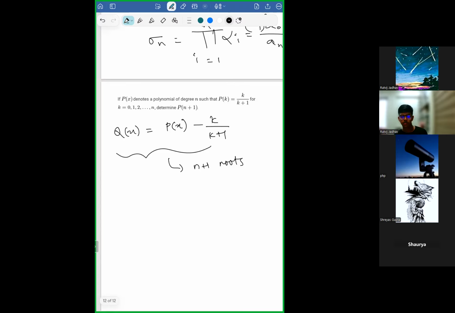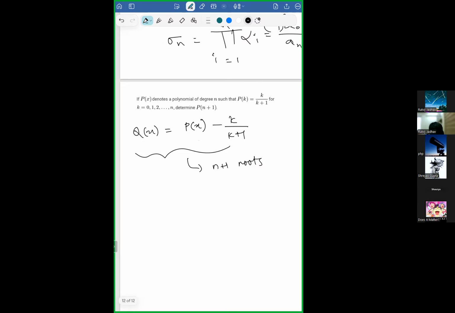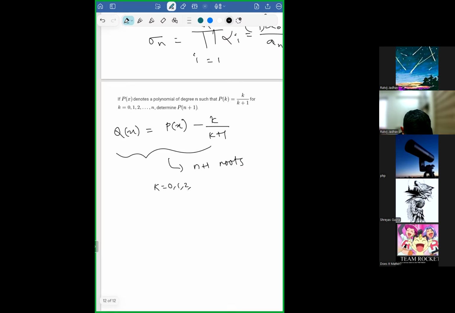No, it's not zero for. Wait, give me just a moment. Okay, yeah. So for k equals 0, 1 to n, q of x is zero. Okay, yeah, fine. So those are the n roots, right? So maybe we can now substitute n plus one and get something. Oh, wait, give me just a moment. This doesn't make sense. Give me just a moment.